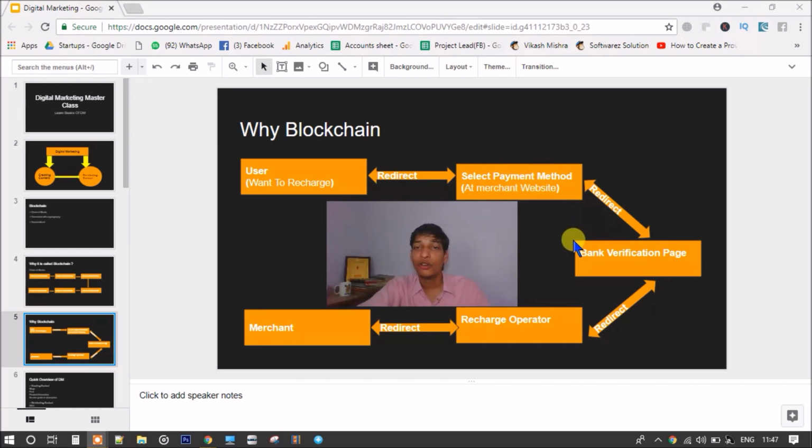And in case there is any failure at any point, the transaction can be completed successfully, which is not possible in a traditional transaction. But with blockchain, as information is shared with everyone, anyone can verify the status of the transaction, how the transaction was done, each and everything. So this was a typical example of why we need blockchain, and a typical example of a transaction that you do at any e-commerce website.